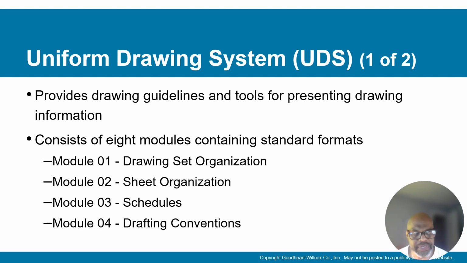For example, module 1 is drawing set organization. Module 2 is sheet organization, then the schedules and drafting conventions. And of course, there are many more that we can look at. It goes through 8 separate modules, looking at how these prints will be formed and the guidelines for them.